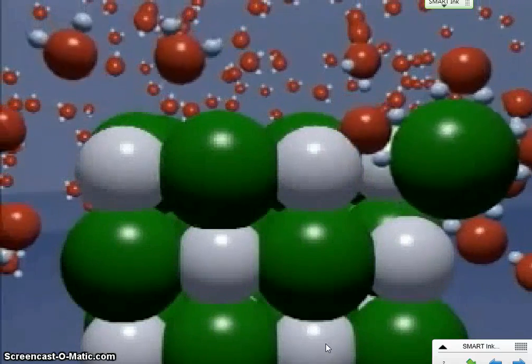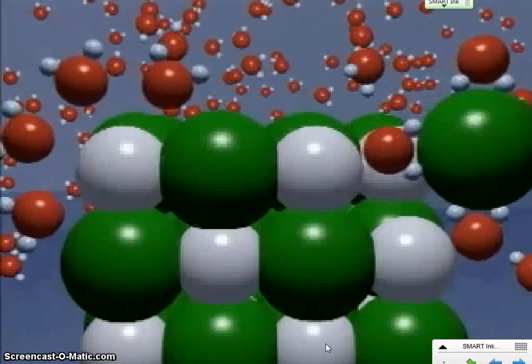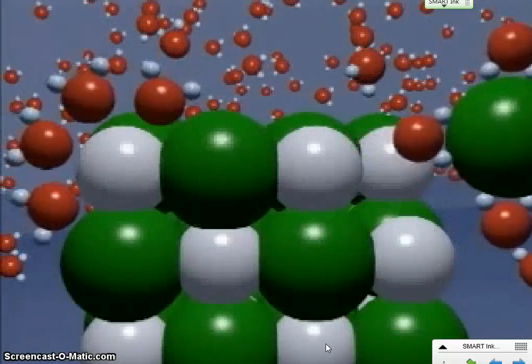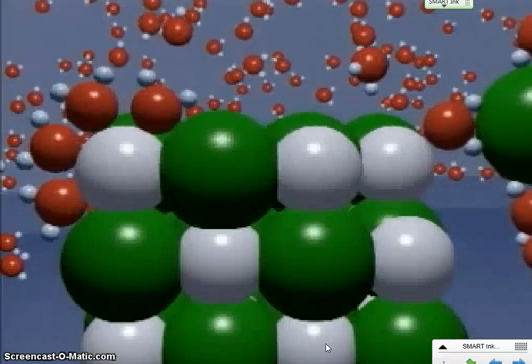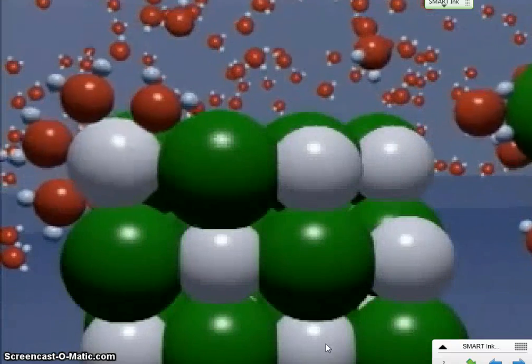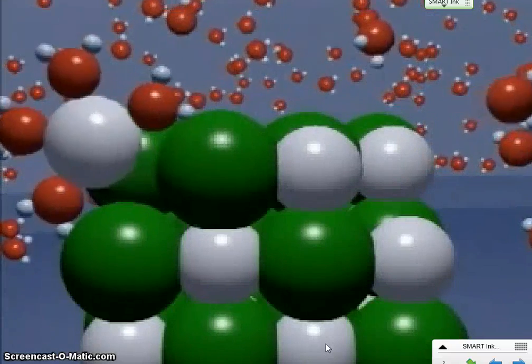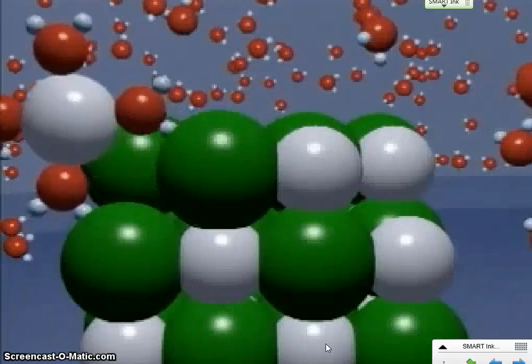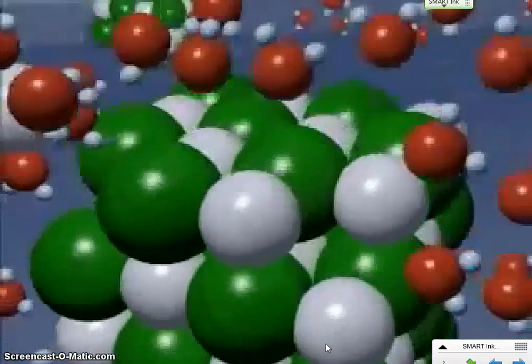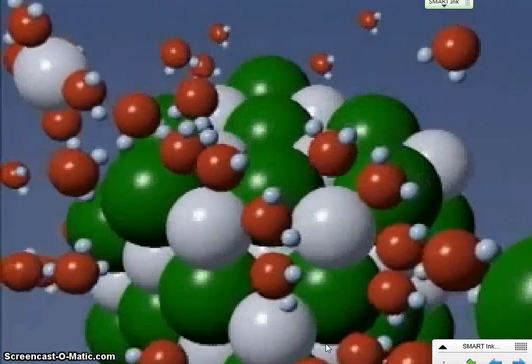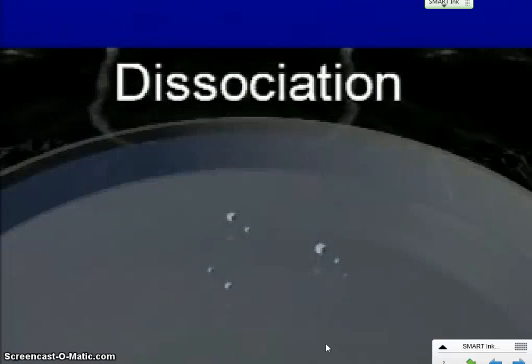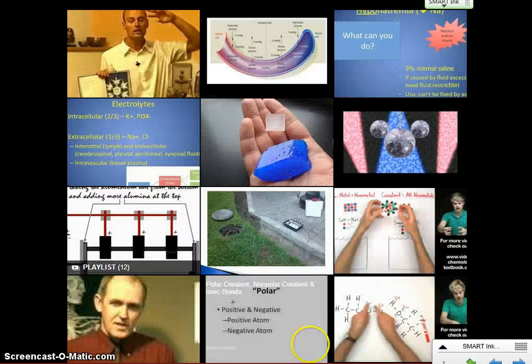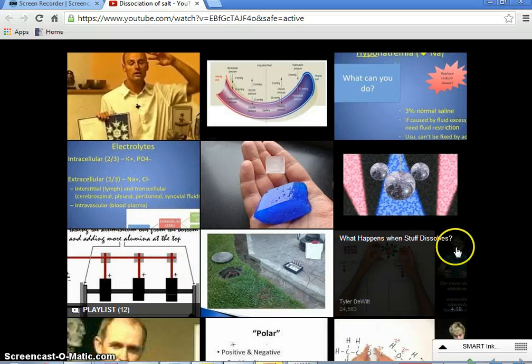Likewise, the oxygen ends of water molecules are attracted to and surround the positively charged sodium ions. The hydrated ions drift away into the solution, allowing new water molecules to surround newly exposed ions. So those water molecules are dissolving the entire crystal piece by piece into solution.